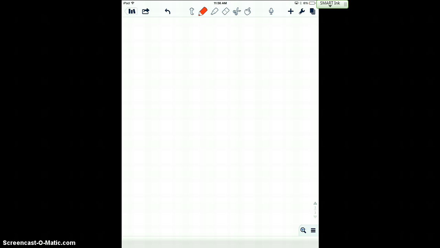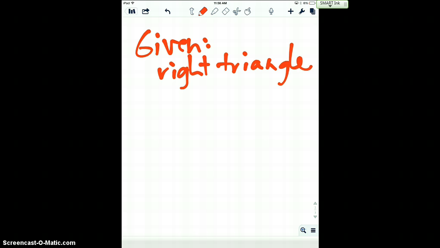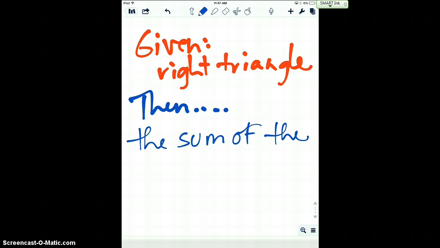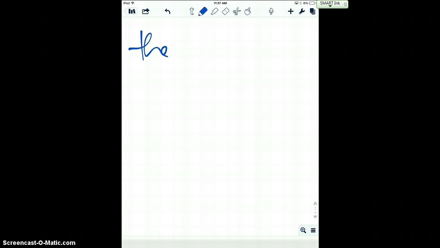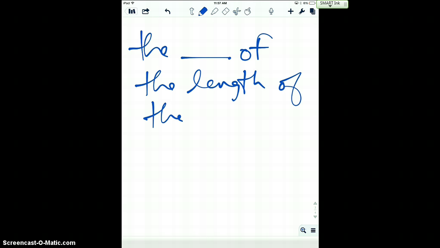Given a right triangle, then we can say the sum of the lengths of the legs is equal to the length of the hypotenuse.